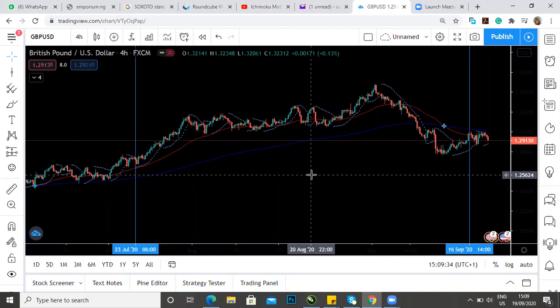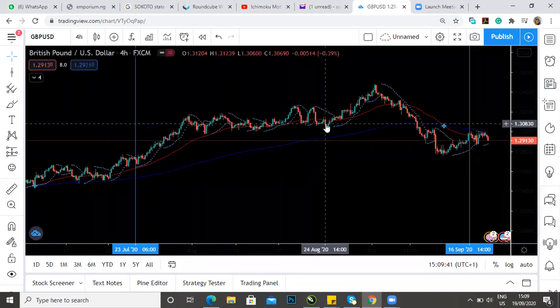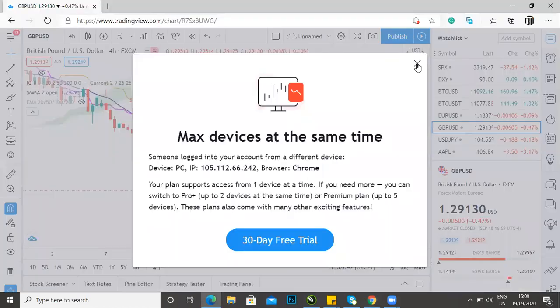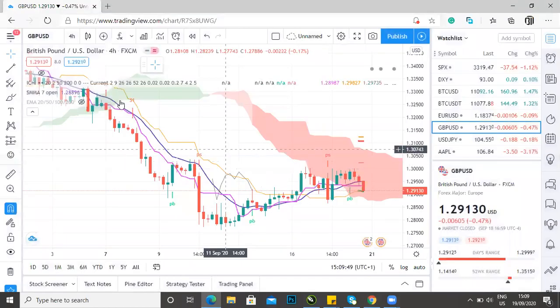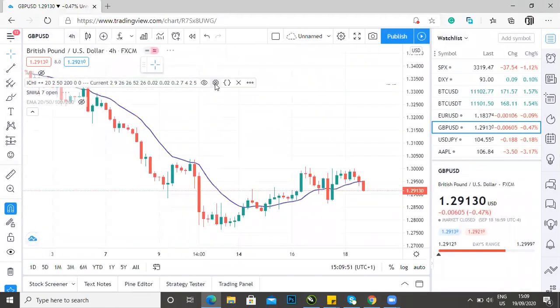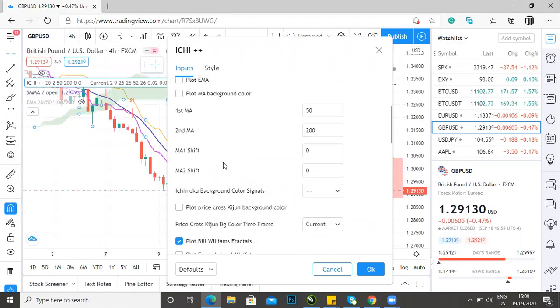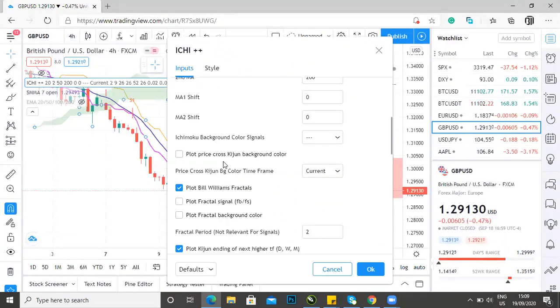This is a strategy I picked up from the Ichimoku Plus Plus. It's one of the indicators, and it's called the parabolic indicator. From this chart, this is the parabolic signal. The parabolic signal is one of those signals that help you to determine when the market is going up and when it's pulling back.